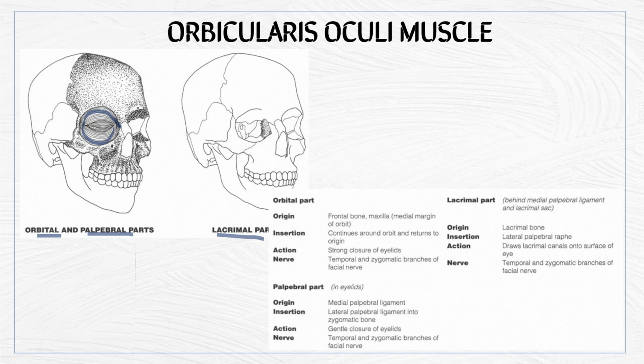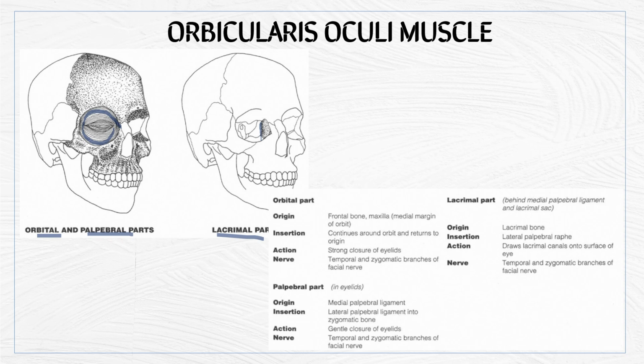This is the orbital part. And this one is the lacrimal part. It originates from the lacrimal bone and inserts into the lateral palpebral raphe.